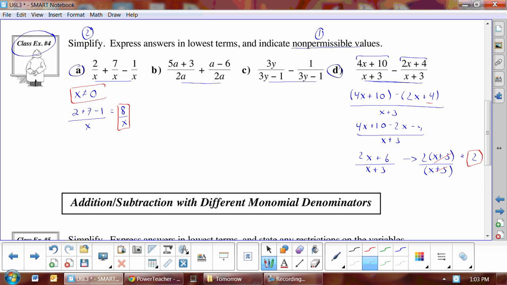But we haven't found our non-permissibles yet. So you have to remember that our non-permissibles always come in before we've simplified anything. So I don't want anyone to be looking at this and say, oh, there is no non-permissibles, because the answer is 2, right? So, oh, yes, Justin? So a non-permissible, we learned last class, is where the denominator equals 0, because you can't divide by 0, so you know that whatever makes the denominator equal 0 is not a solution.